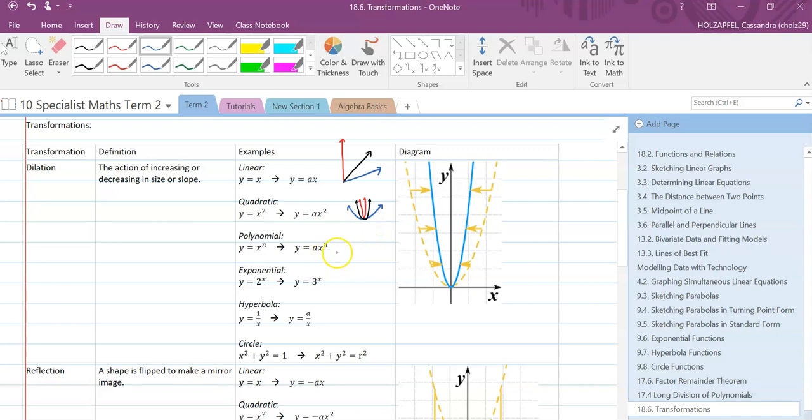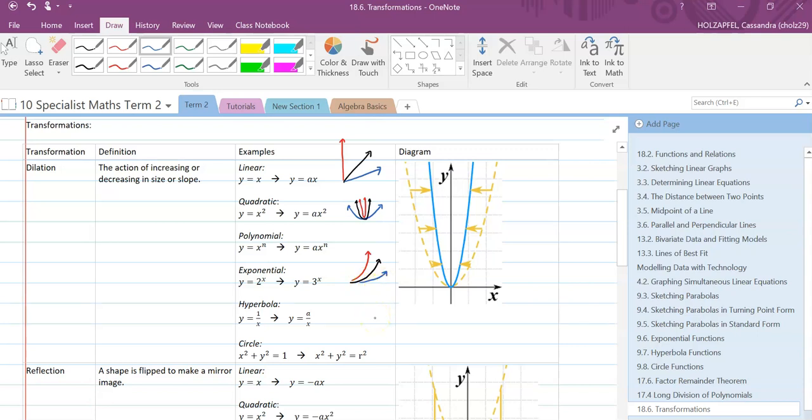With a polynomial function, so x to some power, like a quadratic or a cubic or a quartic, we see the same thing. If we have an exponential, starting off with a very basic exponential, y is equal to 2 to the power of x, and I increase that value, this is going to become a lot steeper. And if I decrease this value, say to 1.5 to the power of x, that's going to decrease the slope of that particular function.